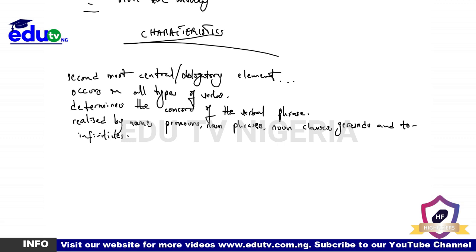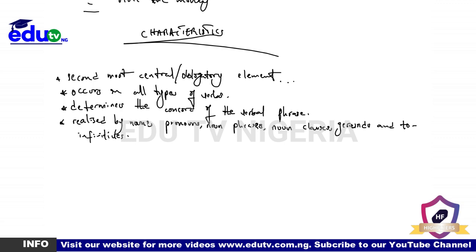So, sorry, let me just put this. Now, it is characteristically realized by nouns, pronouns, noun phrases, noun clauses, gerunds, and to infinitives. So these are the items that usually realize the subject.